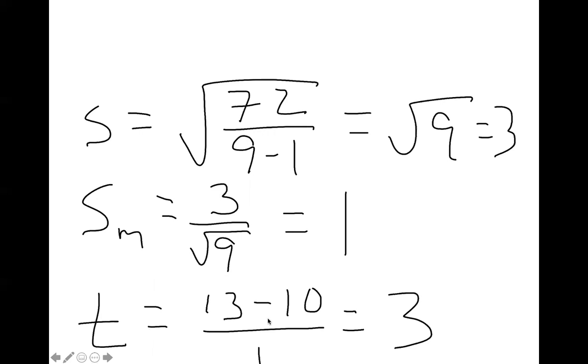So t equals, this 13 right here is our sample mean, which is M. Once again, this is the amount of time that those 9 babies, on average, spent looking at the attractive face, 13 seconds, minus 10. This is our hypothetical population mean, the thing that was inferred using probability theory. Once again, there was 20 seconds, 2 faces.